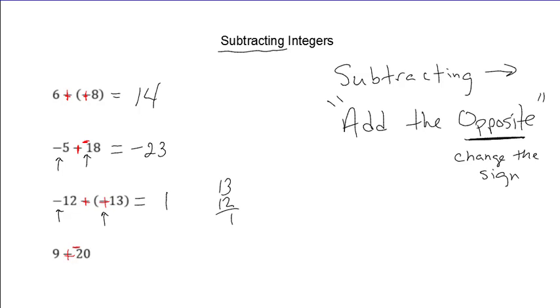And the positive wins. The 13 is the larger value. Last but not least, I have a positive 9, and then I have a plus a negative 20. And so again, I'm adding two numbers with different signs. So the difference between 20 and 9 is 11. And since the 20 is the larger value, it becomes negative 11.